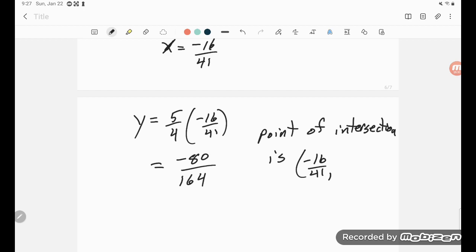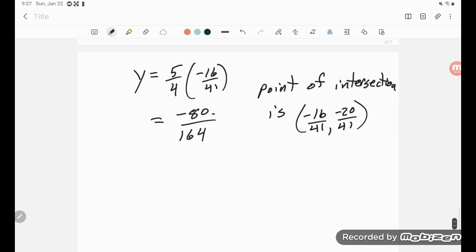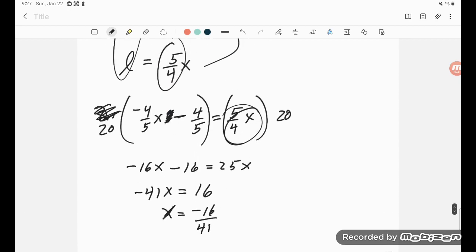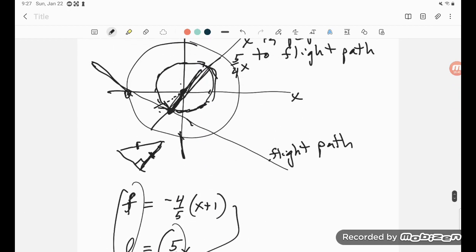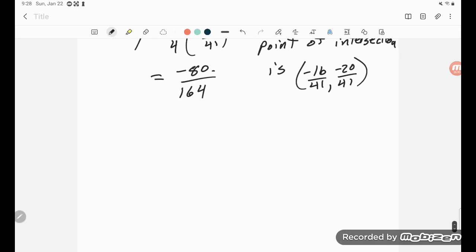I can divide everything by 4, top and bottom, so I'll get minus 20 over 41. So there's my point of intersection. And again, from my picture, that looks right. It looks like I should get two negative coordinates, so I'm pretty happy with that.